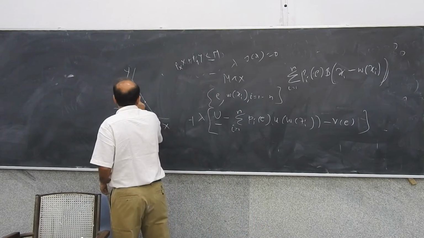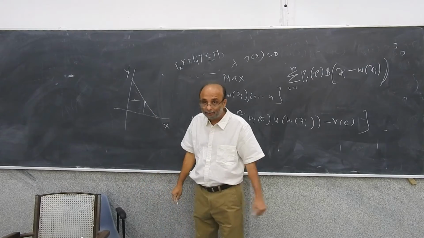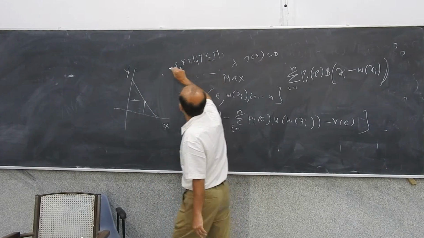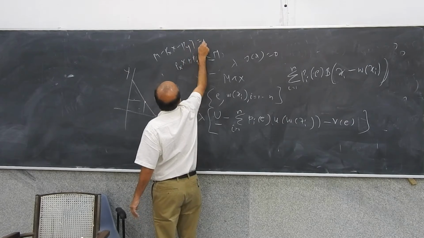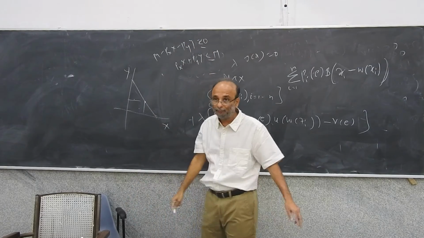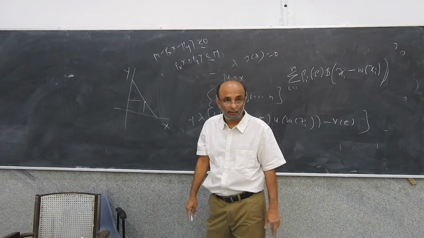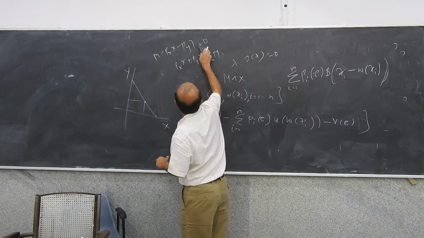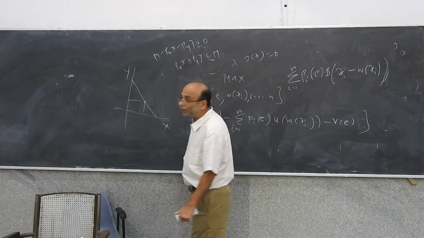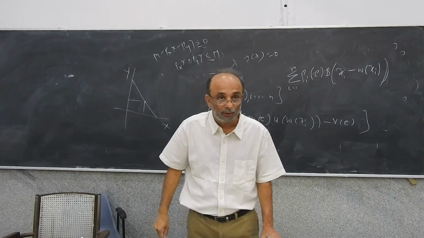If it lies here, then what do I say? So my constraint is m minus pxx minus pyy is greater than or equal to 0.